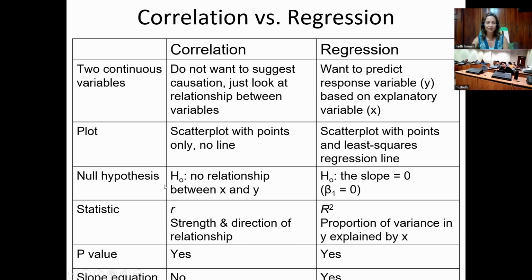The null hypothesis for the correlation is that there's no relationship between X and Y, which is very similar to regression. You say there's no relationship, but specifically the slope is equal to 0 or the beta is equal to 0.